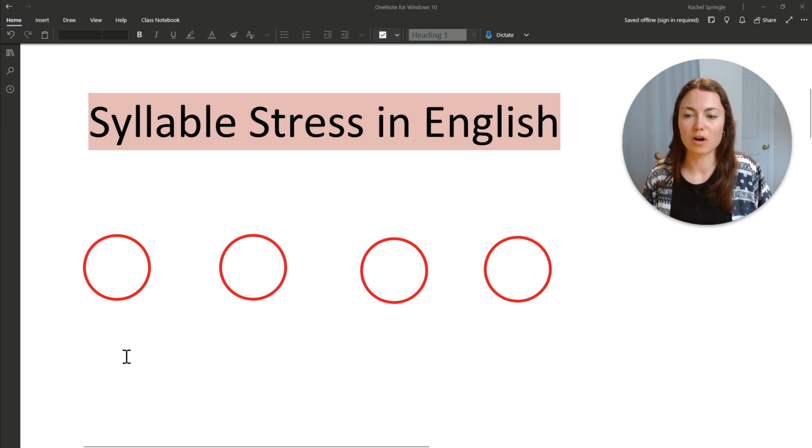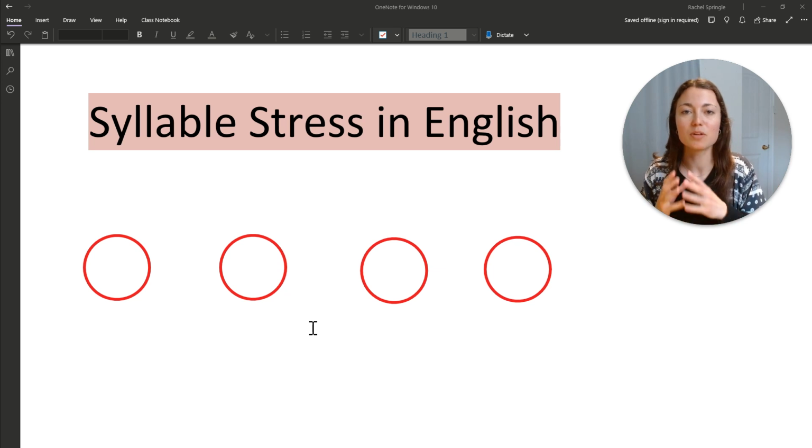And this is what we would call a syllable timed language, where each syllable is given equal time and equal strength. However, English is not a syllable timed language, it's a stress timed language. And what does that mean? Well, instead of giving the same amount of time to each syllable, we actually give one syllable more time, but not only that, we take away time from the other syllables.